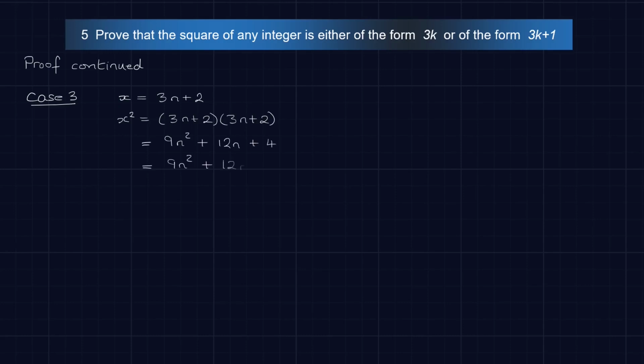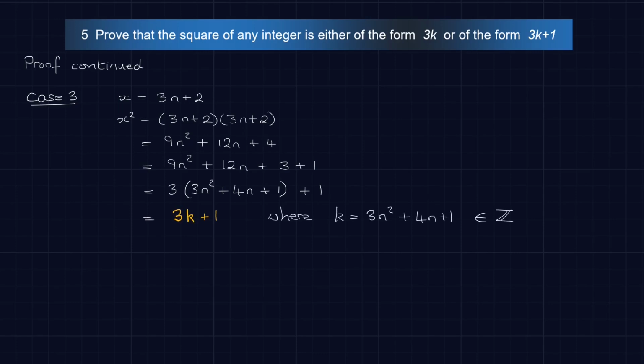And now we can split that 4 into 3 plus 1, and then take the factor of 3 out of the first 3 terms, which is of the form 3k plus 1, where k is 3n squared plus 4n plus 1, which is an integer. Hence we've shown that in all three cases, x squared is either of the form 3k or of the form 3k plus 1.